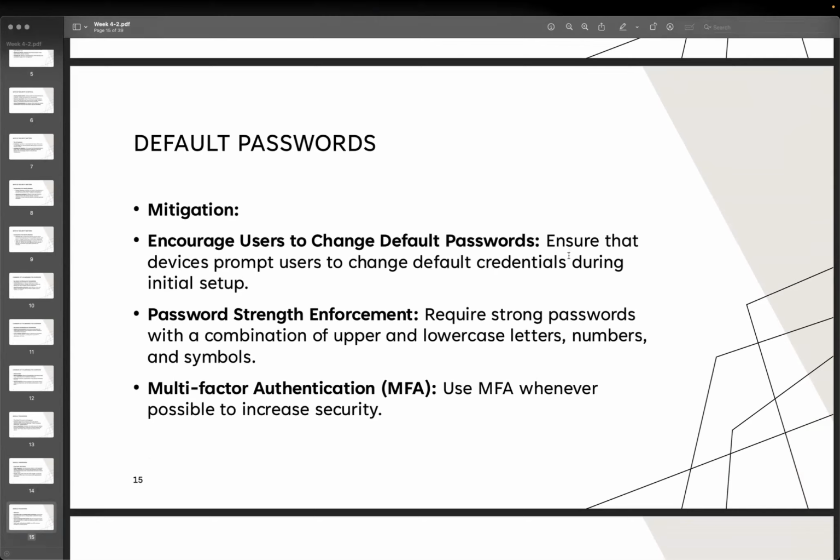Most of the time, if you bought a router, they'll ask you to do that, and if you add a new camera, they ask you to at least change the password, and they check the strength of the password. So it's strength enforcement. They ask for a strong password with a combination including uppercase, lowercase, numbers and some symbols.